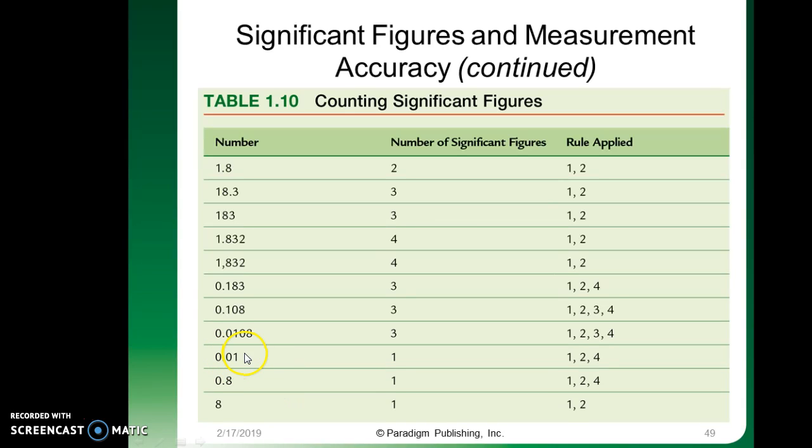So the 1 is the only significant figure. 0.8, again, the 0 before the point is only a place value, therefore the 8 is the only 1 significant figure. And 8 by itself is, of course, 1 significant figure.